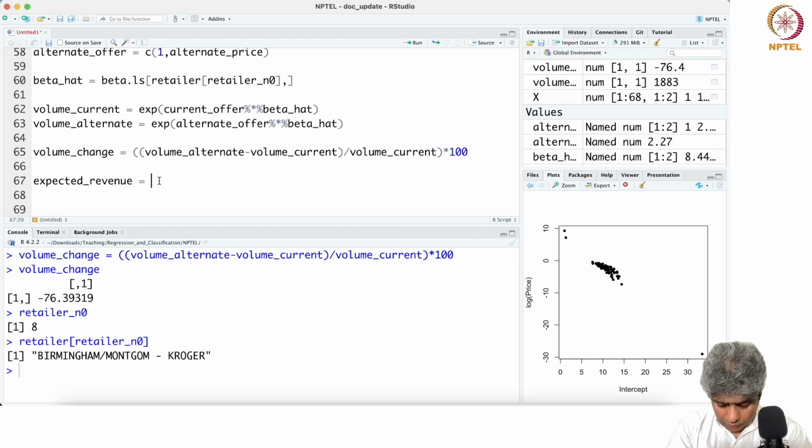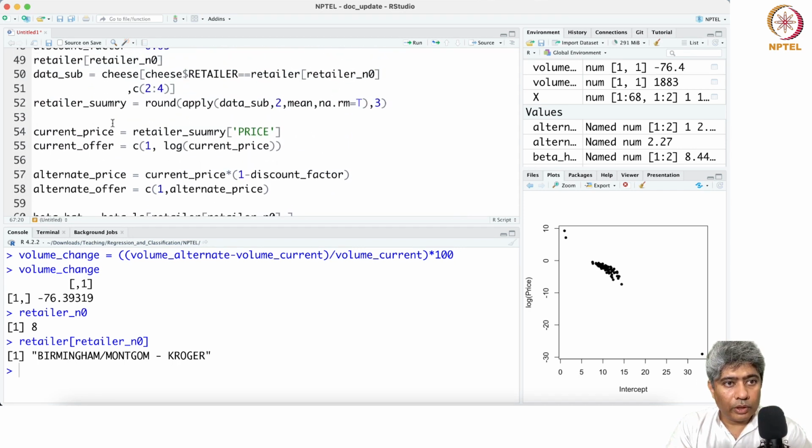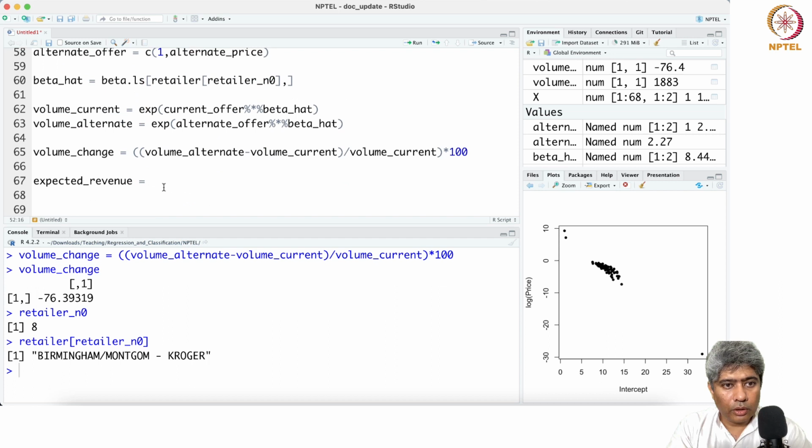Expected revenue is whatever be the retailer summary, and that's the volume times retailer summary of the price, right?